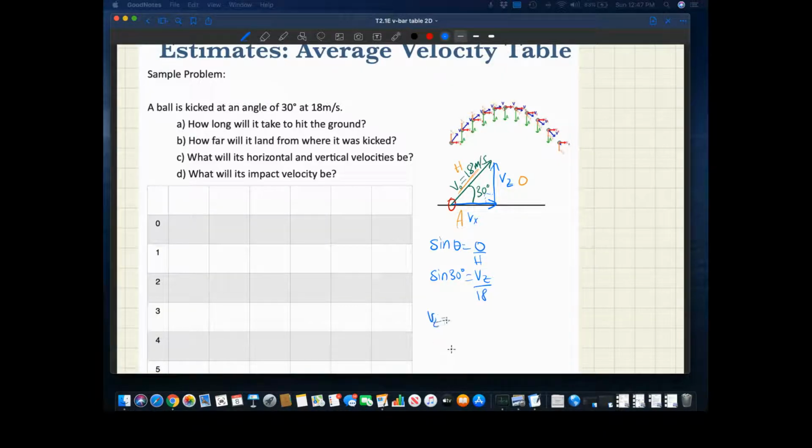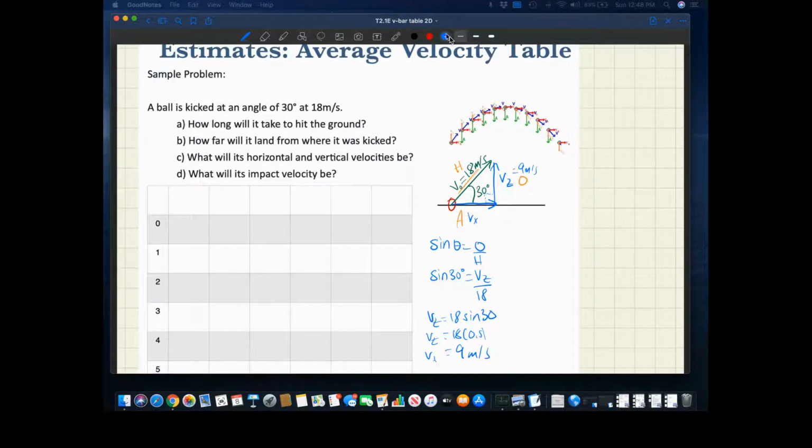So Vz equals 18 sine 30. The beautiful thing about 30 degrees is that the sine of 30 is 0.5. So 18 times 0.5 gives us 9 meters per second. So we now know Vz is 9 meters per second.